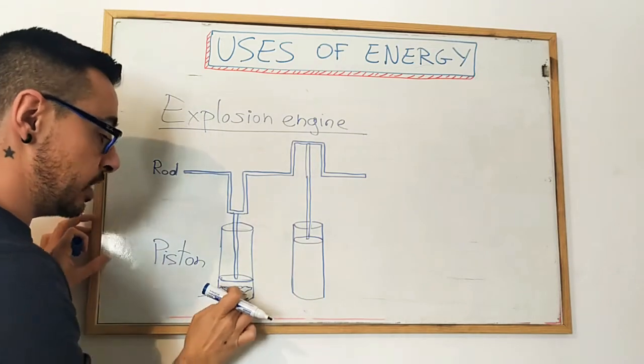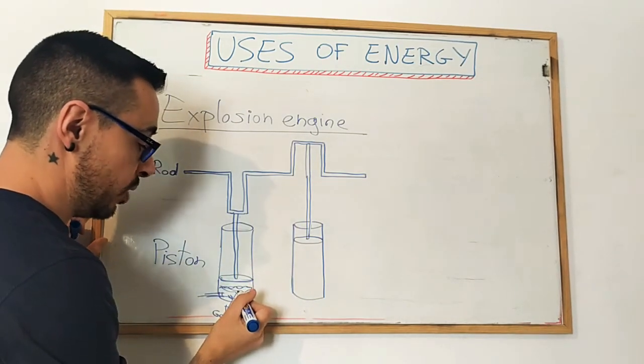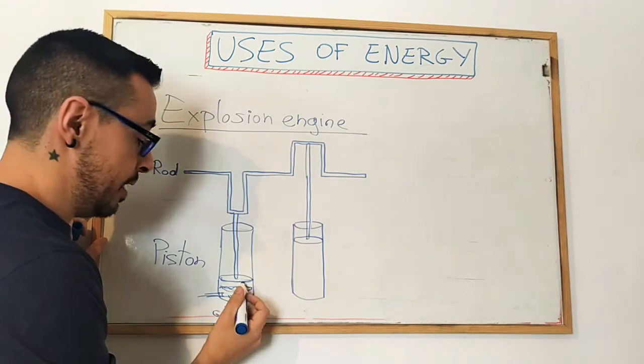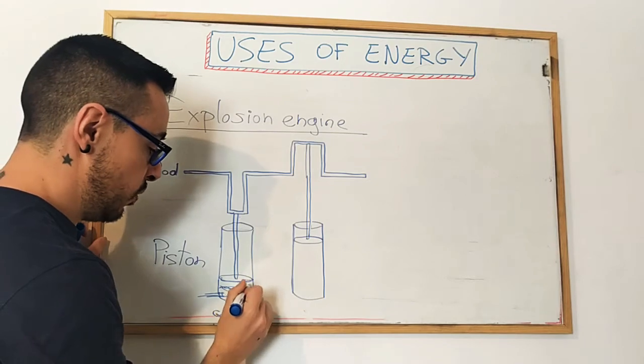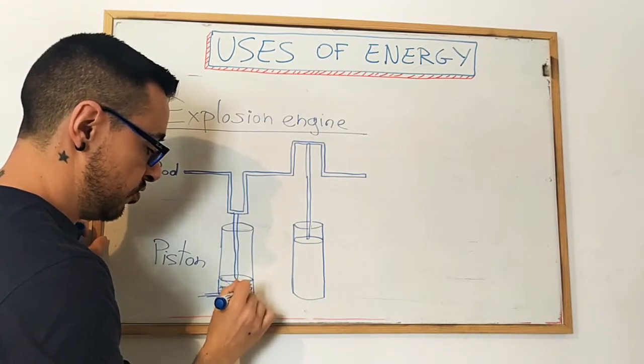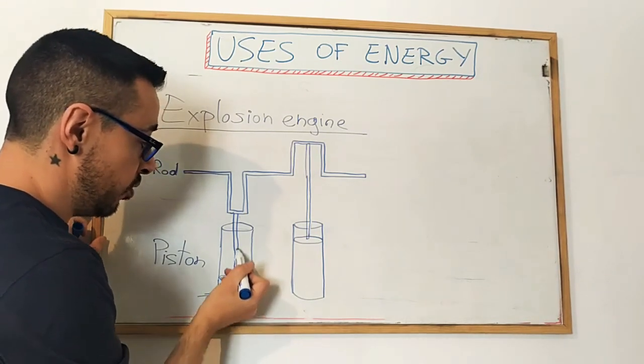The gas is going to explode inside. What is going to happen when this explodes? The piston, okay, this explodes, and it's going to move the piston and put it up.